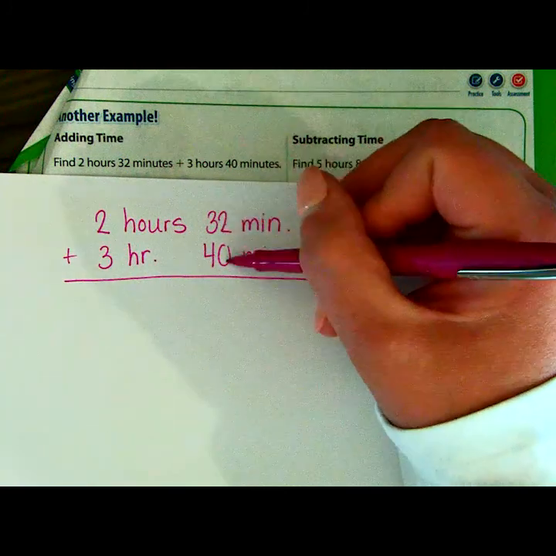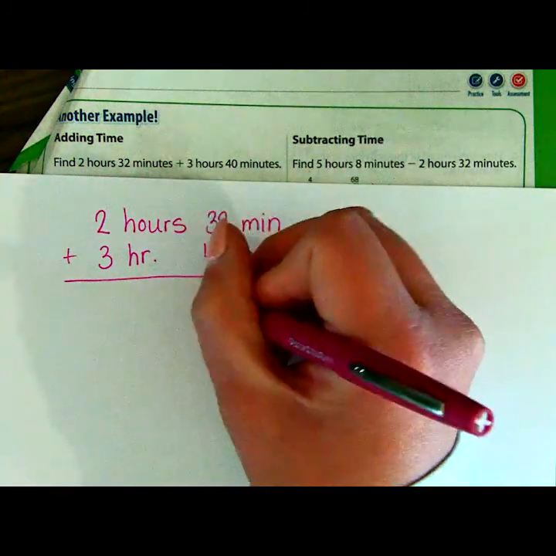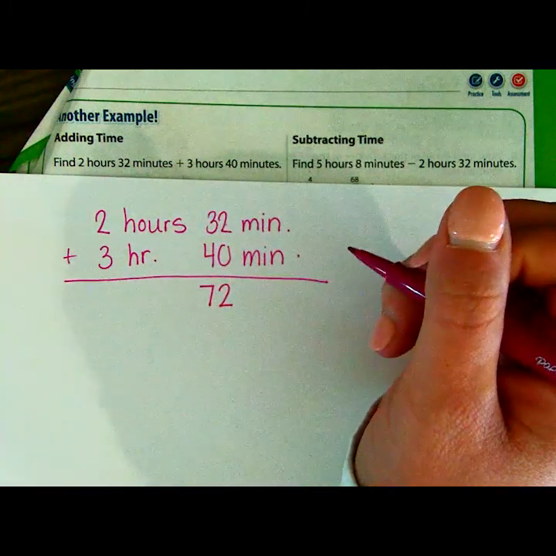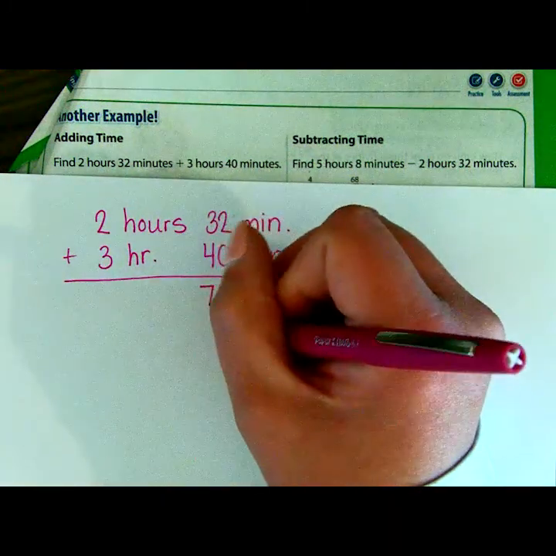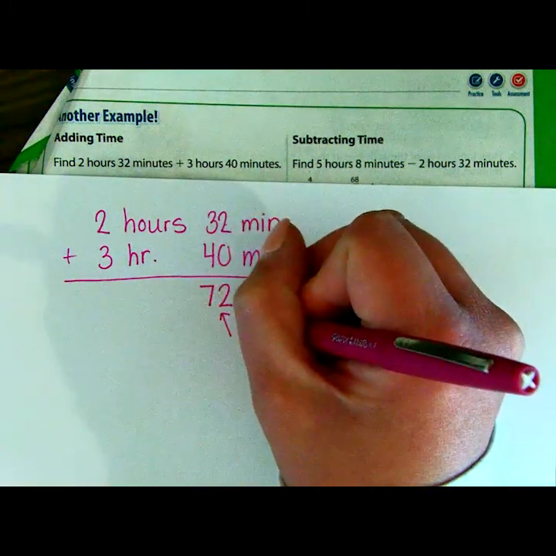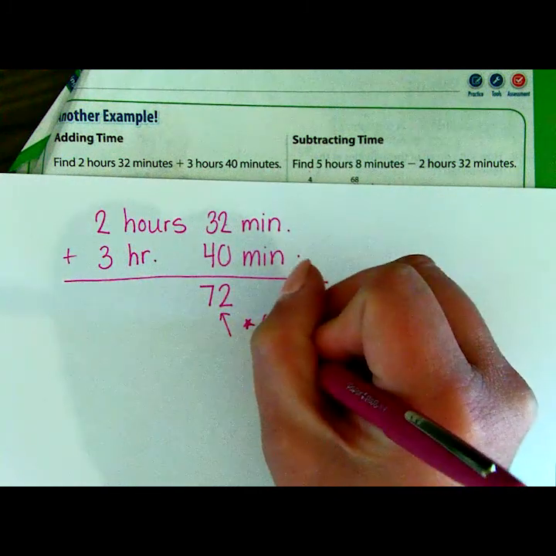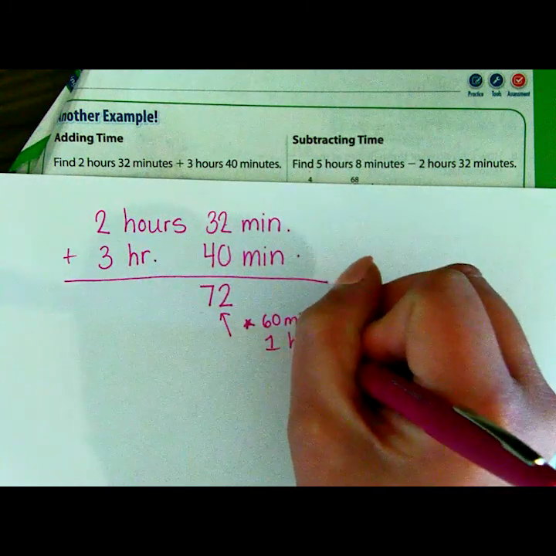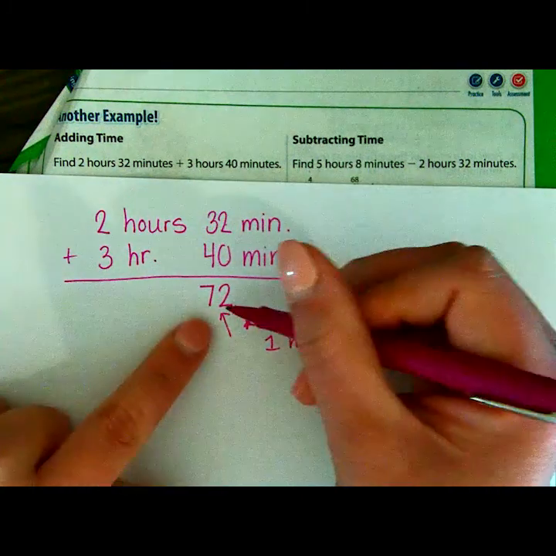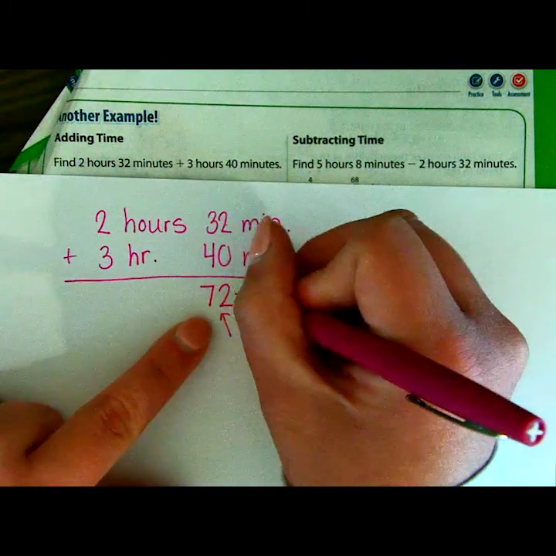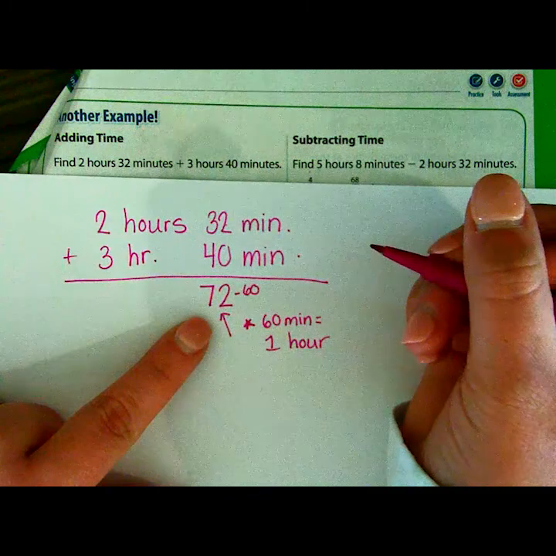Well, right away, my brain is telling me, uh-oh, I know that there's only 60 minutes in 1 hour. So what I can do is take 60 away from here, so minus 60, and that would leave me with how many? You can see what they did. 12.